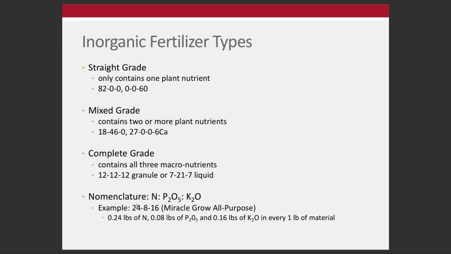Okay, so an example again, triple 12 or triple 19. What that means, or if this example of Miracle Gro, which you could pick up at the hardware store, 24-18-16. Well, what does that mean?